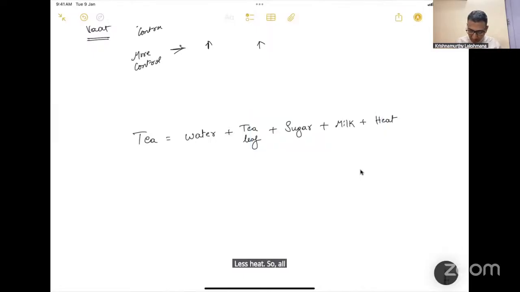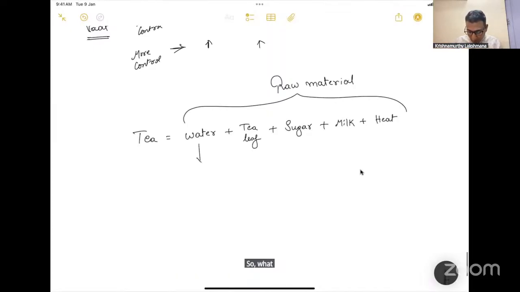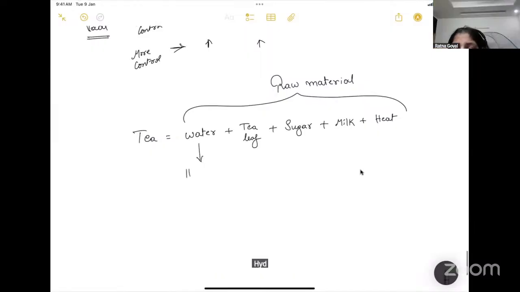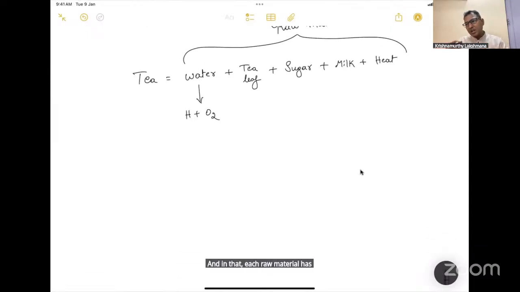So all of these are raw materials, right? Each raw material is made up of some other raw materials. So what is water made up of? Water is made up of hydrogen plus oxygen, right? In this way, if you keep on breaking, one raw material has other raw materials combined, and each of those has other raw materials combined, right?